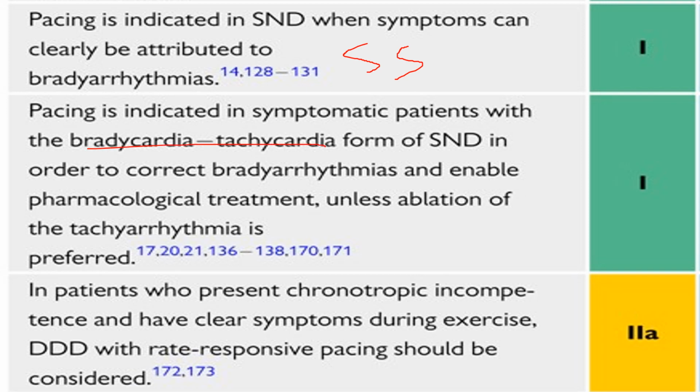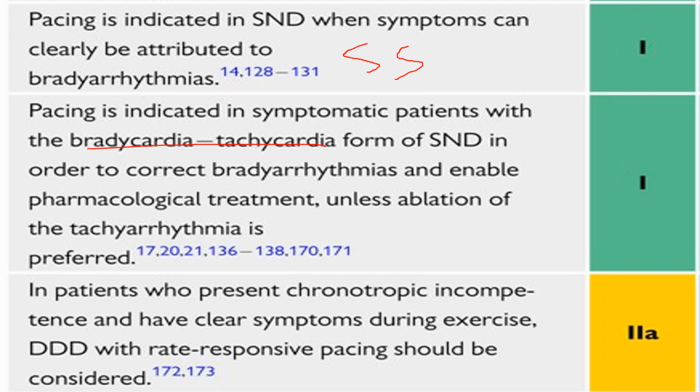Sometimes they will have bradyarrhythmias and tachyarrhythmias in between. When the tachyarrhythmias suddenly terminate, they go into very long pauses. So you should always be looking for this in the management of sinus node disease. These patients usually have a bad prognosis and a worse outcome. They need a permanent pacemaker along with the management of tachyarrhythmia.